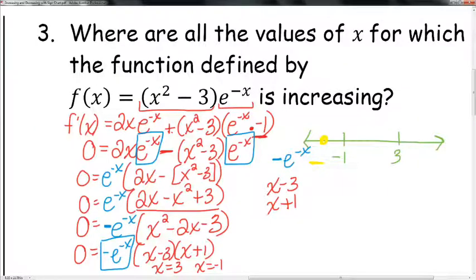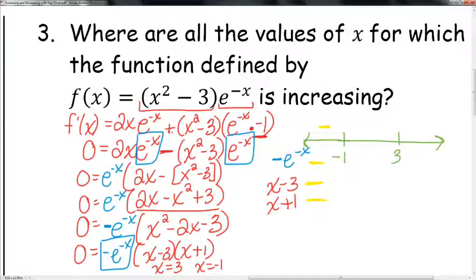If I plug in negative 2 into x minus 3, I'm still going to get a negative number. If I plug in negative 2 plus 1, it's still going to give me a negative number. So negative times a negative times a negative gives me a negative.